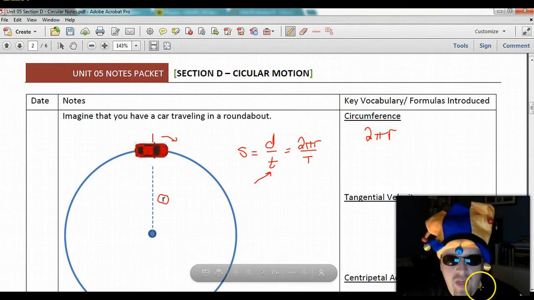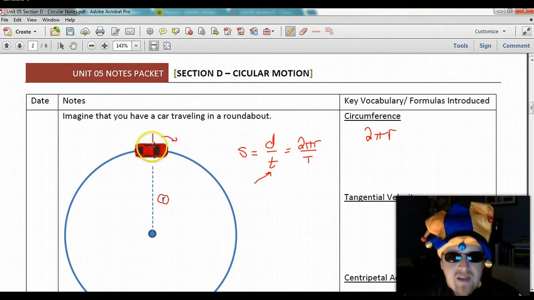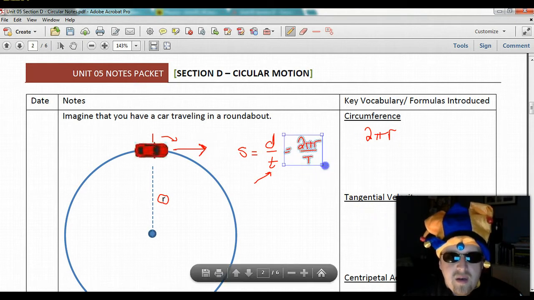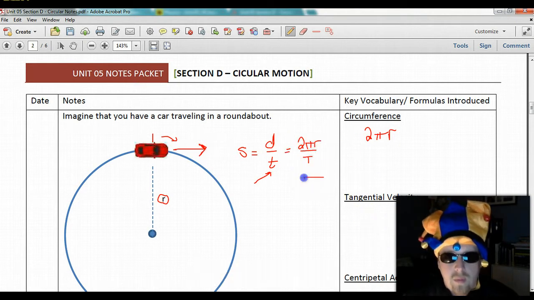Now, that speed is how fast it's going, but because the car is changing direction, it is a type of velocity, and because the velocity acts tangent to the circle, we call this the tangential velocity.